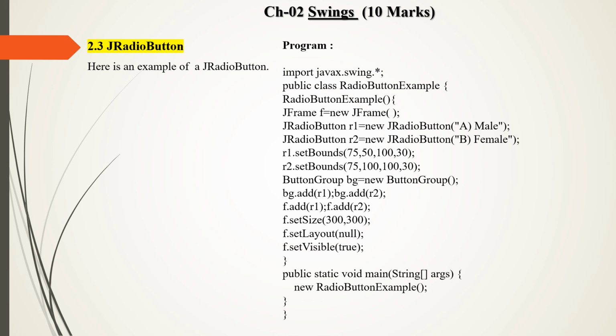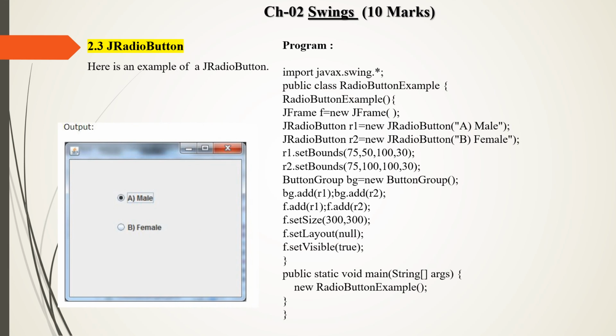So this is a simple program to create two radio buttons and add them in one button group. The output is displayed like this. One frame is created with no title because we did not pass any value in the constructor of the frame. Then two radio buttons are displayed, male and female. So this is a simple example of a radio button. You can create multiple radio buttons and groups.